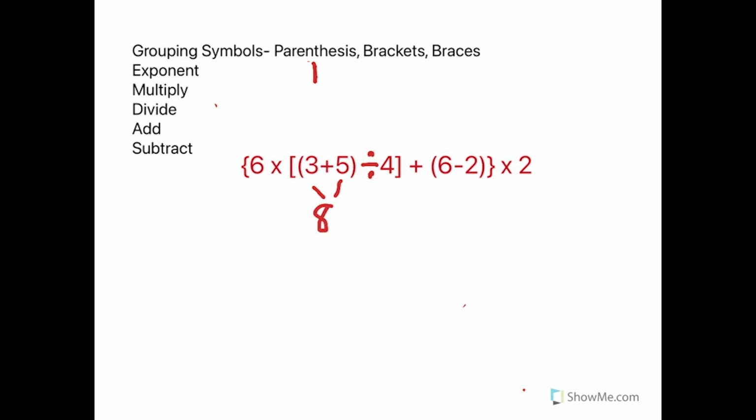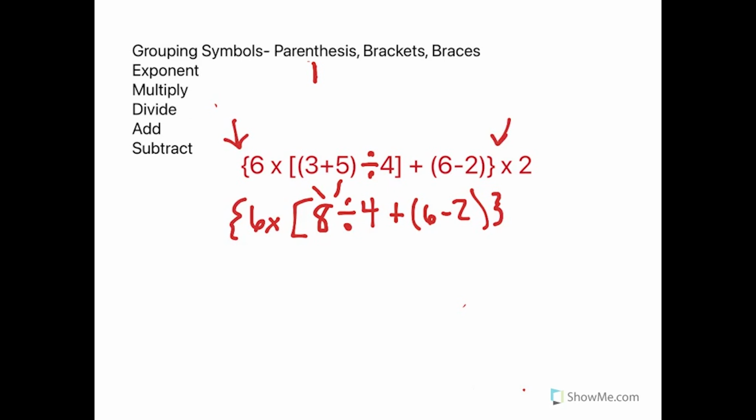Okay, so now we're going to rewrite the problem. We're going to have divided by 4 plus 6 minus 2, and then our brackets over here. And then where you look over here and there's this thing that kind of looks like a squiggly line, these right here are your braces.